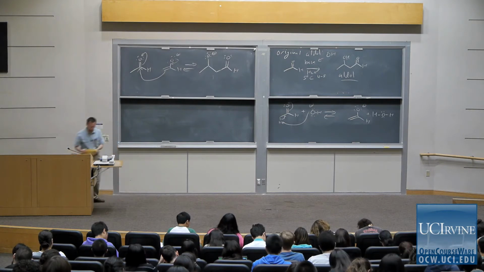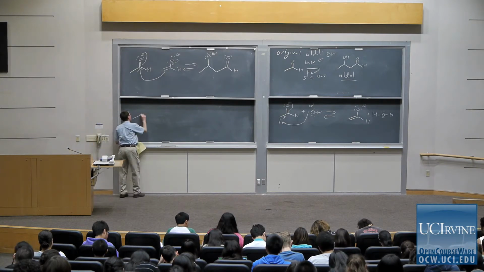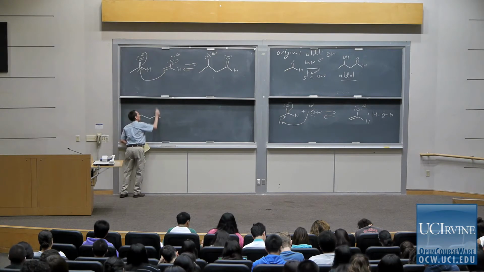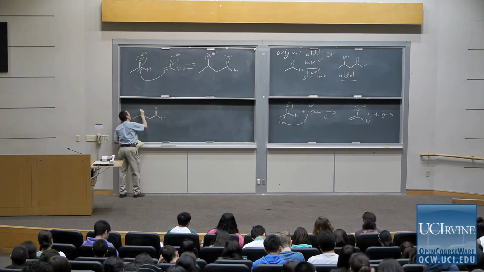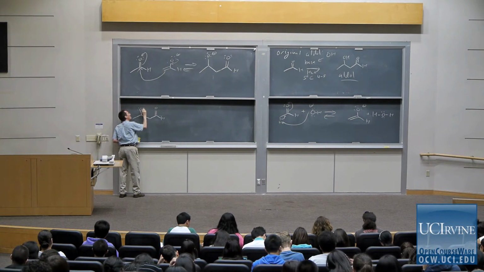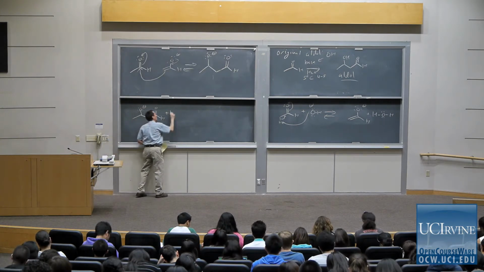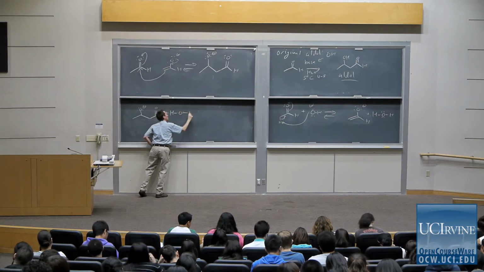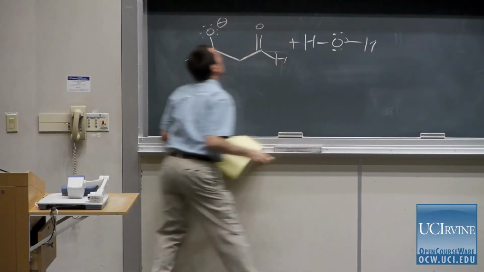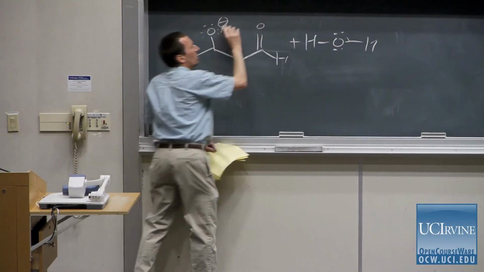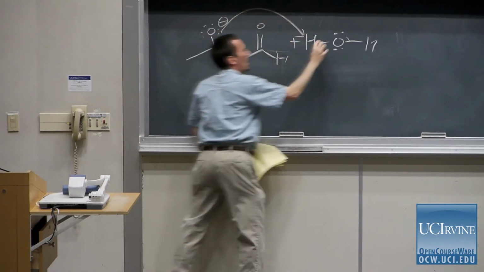And now, in the last step of the reaction, we're in water. In water or in alcohol, protons go on, protons go off. We have lots and lots of water present. So we have this mass action driving the reaction. We pick up a proton.